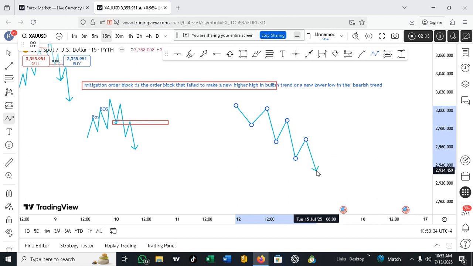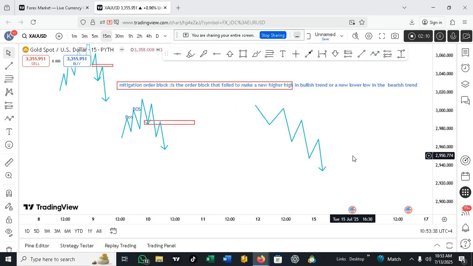Now, instead of the market making a new lower low, it makes a new higher high. This one becomes a new higher high.